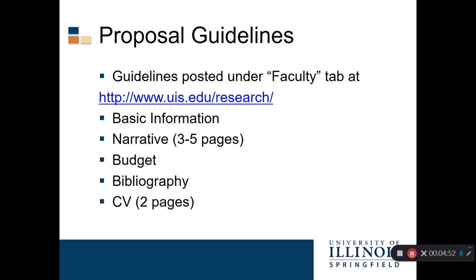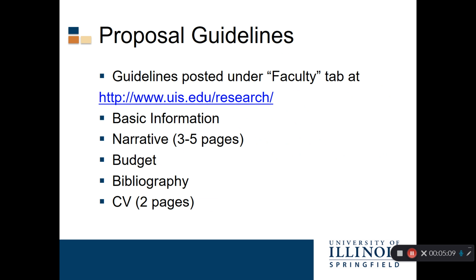The proposal guidelines are in that handout, and there's basic information about who your dean is, because this goes through the colleges. The narrative part is 3 to 5 pages long.